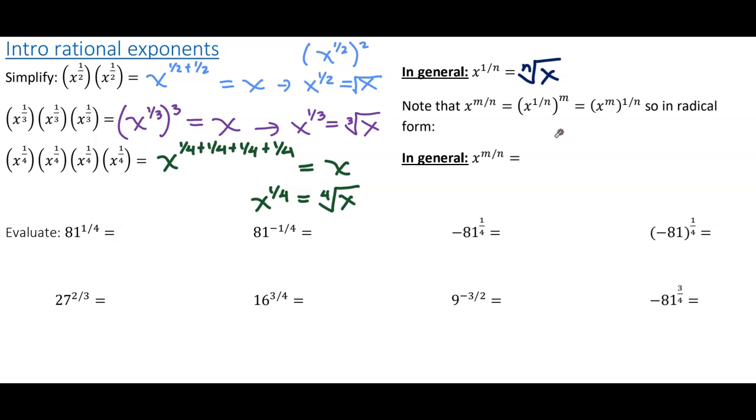And basically all this is based on is our multiplication property. If I have x to the 1/n and I raise it to the m, I would multiply, and that would give me m/n. If I have x to the m and I raise it to the 1/n, I would multiply and also get x to the m/n. So you need to apply two operations and you get to choose the order.